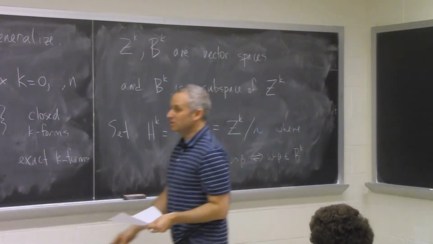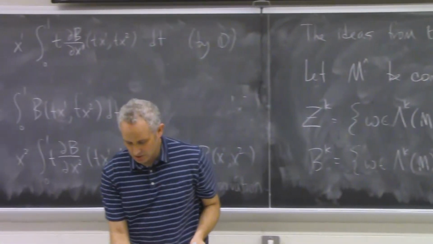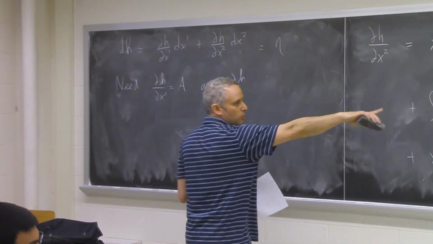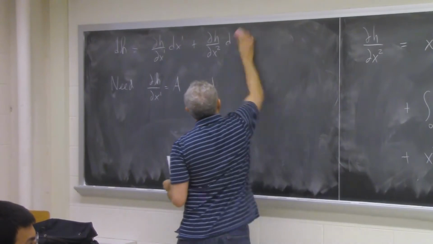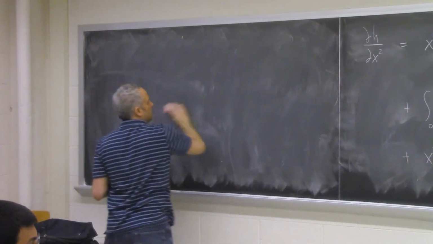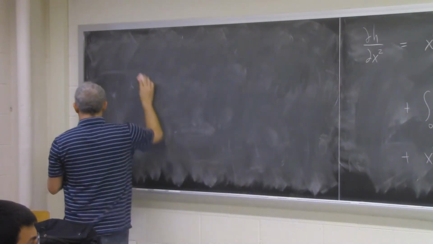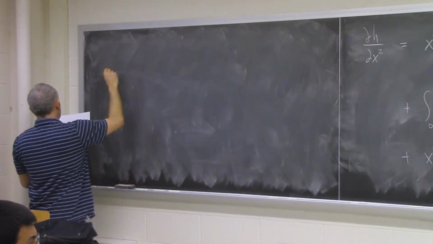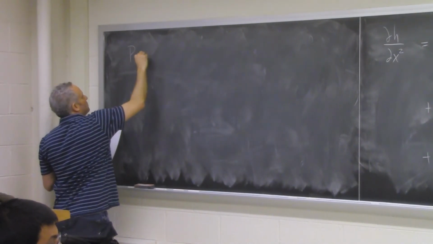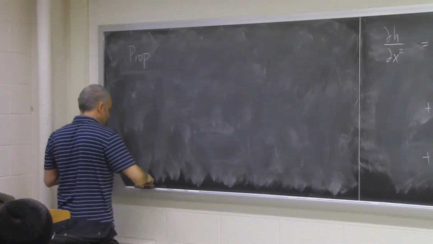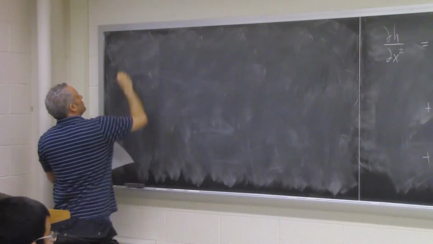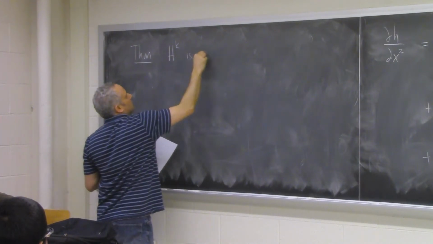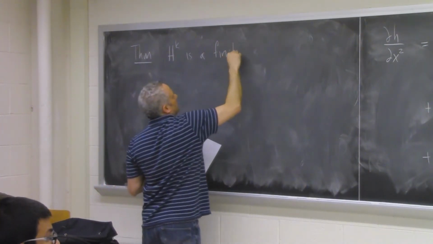Good. And so here's the nice result about these objects. These are just formal versions of things we've considered in the previous example. Let's make it a theorem so I can differentiate the two. It's a theorem: H^k is a finite dimensional vector space.